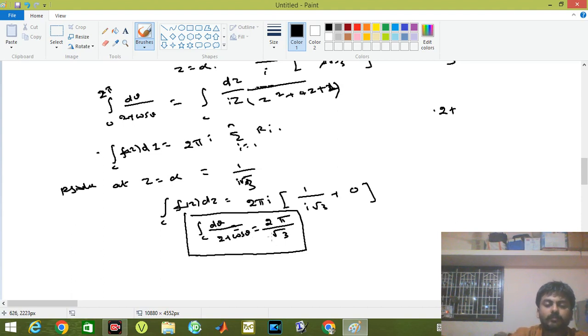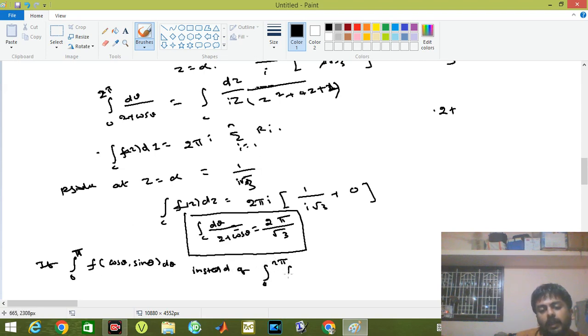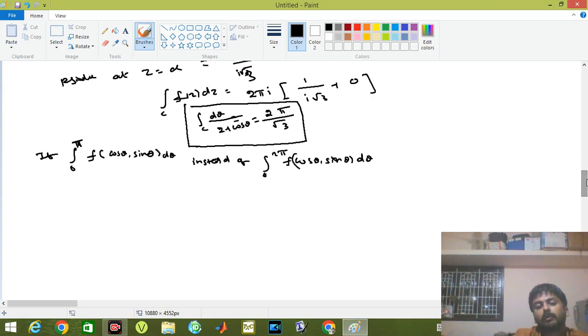So suppose we are given the integral 0 to pi of f of cos theta comma sin theta d theta, instead of the integral 0 to 2 pi of f of cos theta comma sin theta d theta, then what we have to do? We have to check.